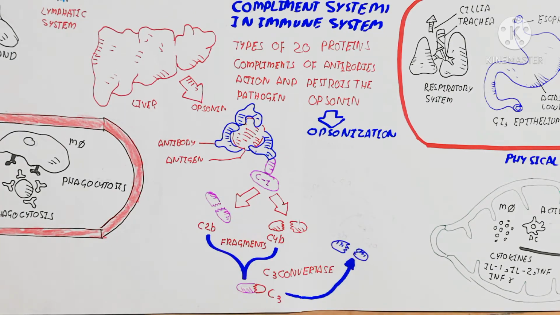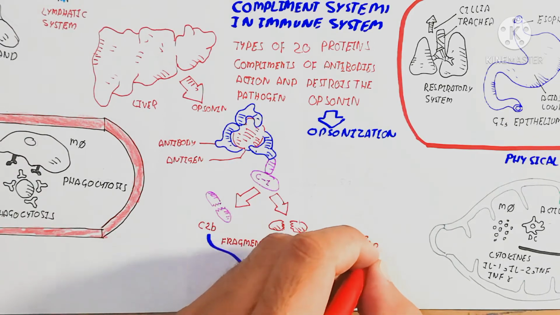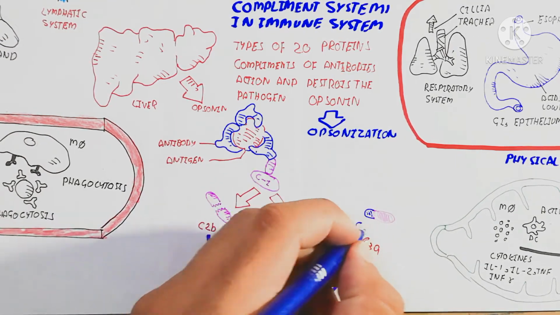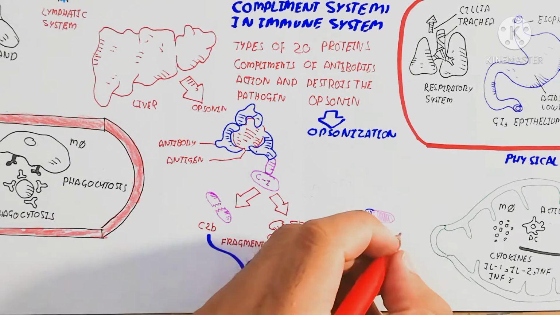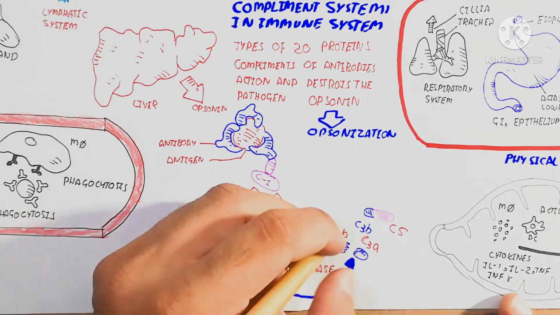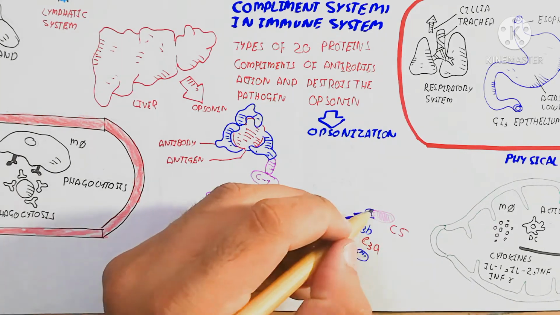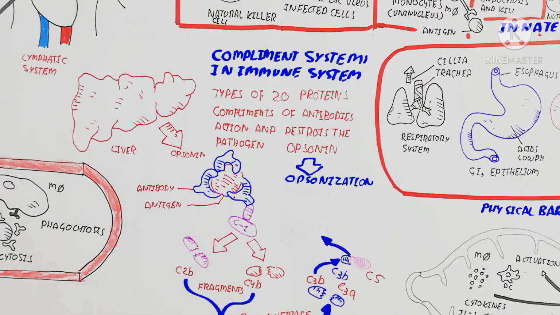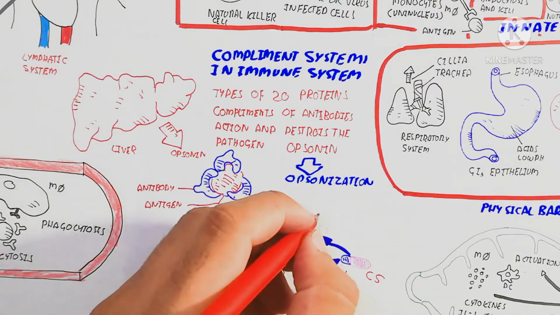This C3 will be broken down again by the enzyme to produce C3b and C3a. This C3b and C3a will bind again with C5, so that C3b binds to another complex known as C5.